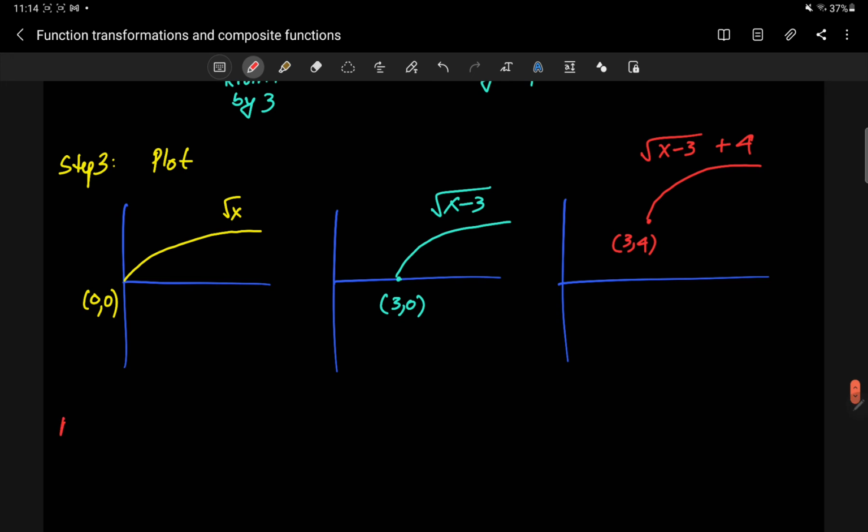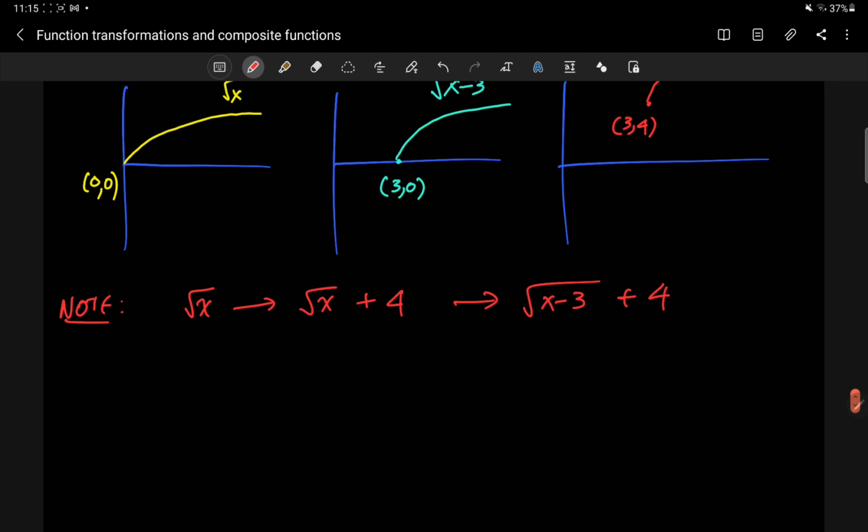Now note, there is another way you could have reached the same conclusion, which is you could have gone root x, then added 4 to the output and then transformed the x to x minus 3. That would be the same because that just means you would shift up by 4 first and then shift right by 3.